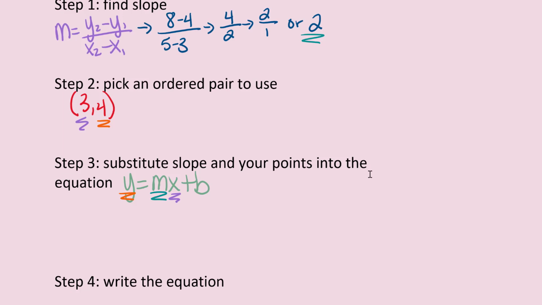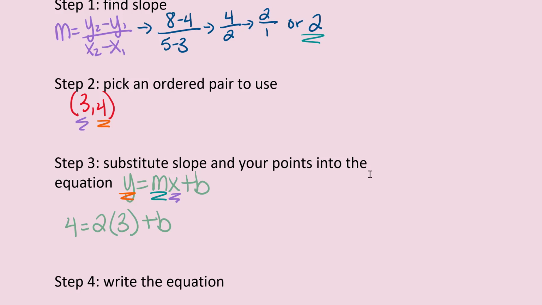We don't have anything to plug in for b. That's what we're trying to solve for. So I'm going to plug in all of the pieces. So instead of y, I'm going to replace that with 4 equals m, we said was 2, our slope, times our x value of 3, plus b, which is that unknown. It's our y-intercept.